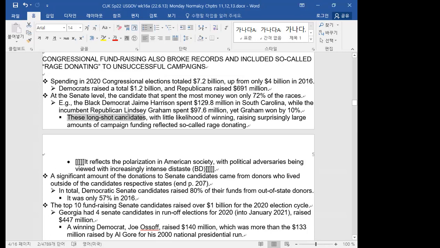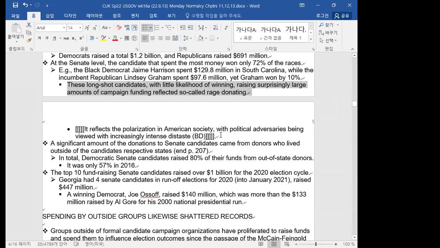These long shot candidates with little likelihood of winning, raising surprisingly large amounts of campaign funding, reflected the so-called rage donating. Again, this is the polarization of American society. A significant amount of the donations to Senate candidates came from donors who lived outside the candidates' respective states. So that's an important point, right?